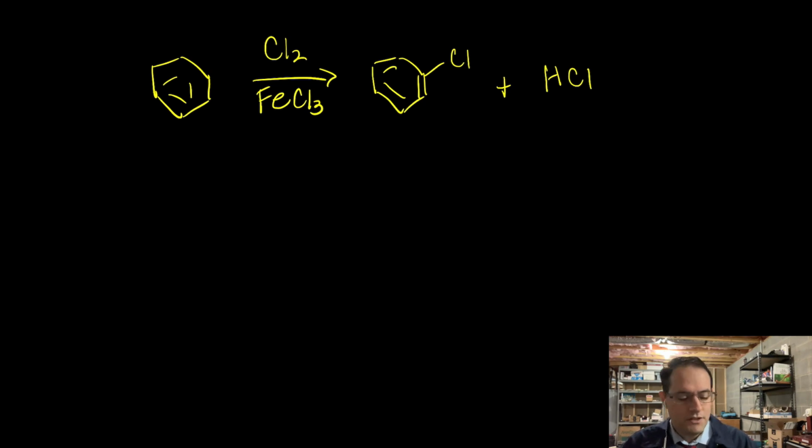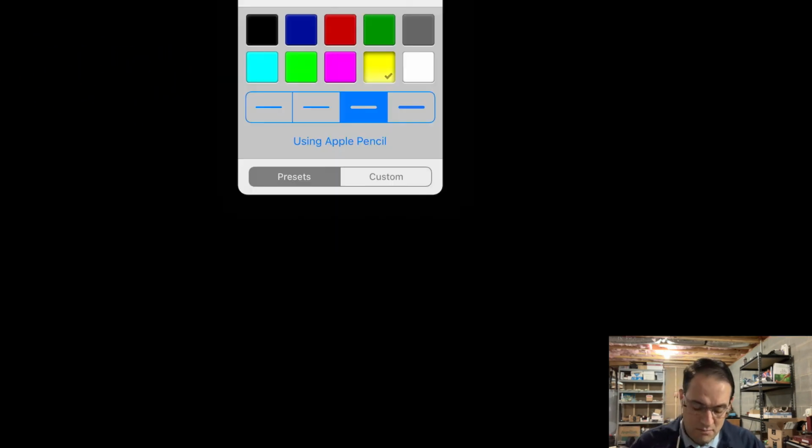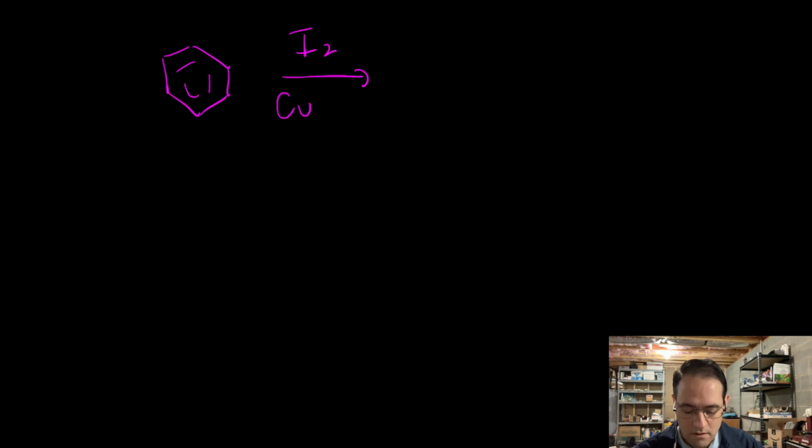If you do want to do iodination, I don't really focus on this personally in my classes, but in case your professor does, if you want to do iodination, there's a slightly different reagent that you use. And I find it interesting here that you have chlorine as part of the catalyst.